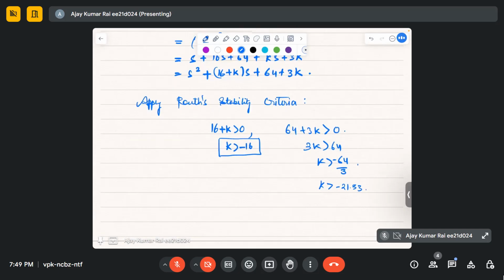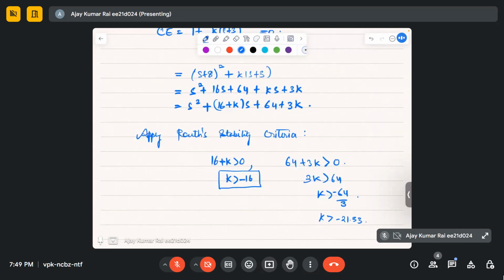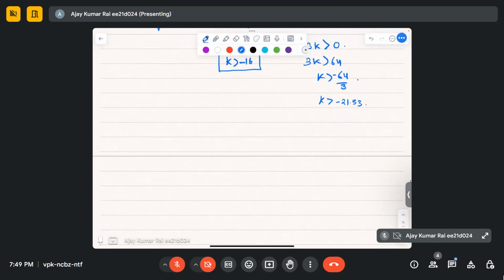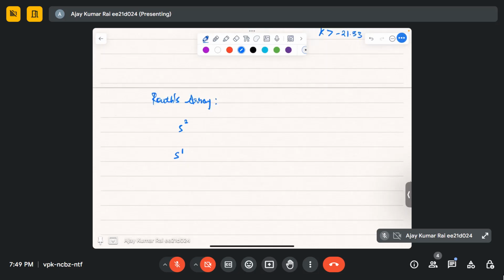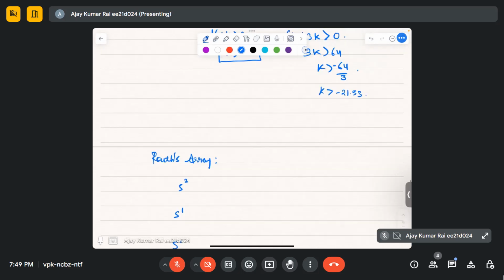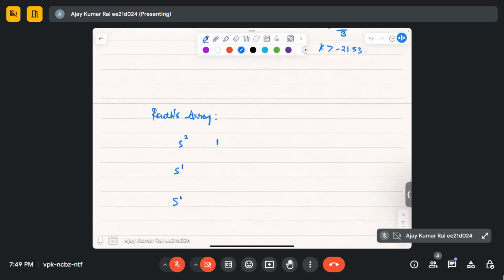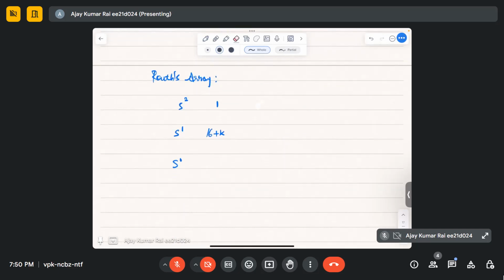But we have to find the frequency, right? So what we used to do, let's build the Routh array. The coefficients are 1, 16 plus k, and the other coefficient is 64 plus 3k.